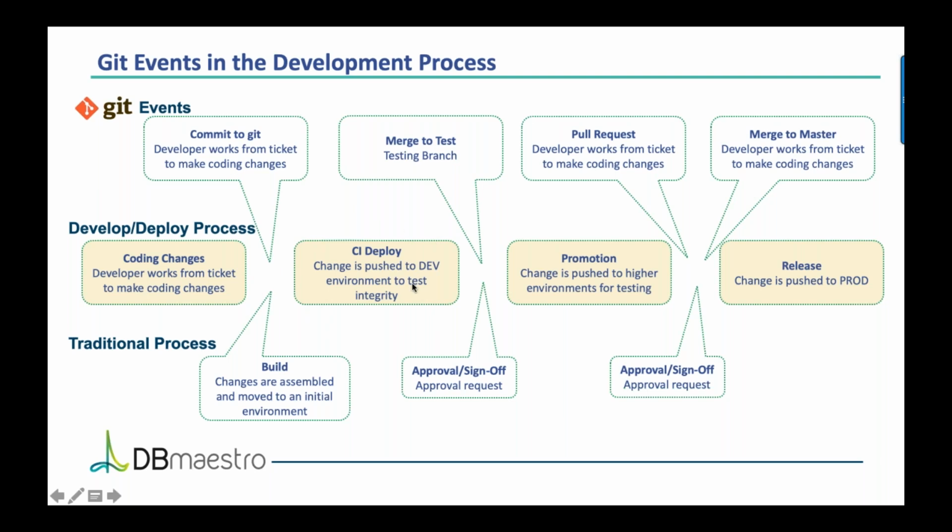That coding change is going to result in some sort of a build. Then you might push it to some early environment so you could do a little bit of unit testing, and then eventually you might promote that into a shared environment. And then eventually you'd release it out into production.